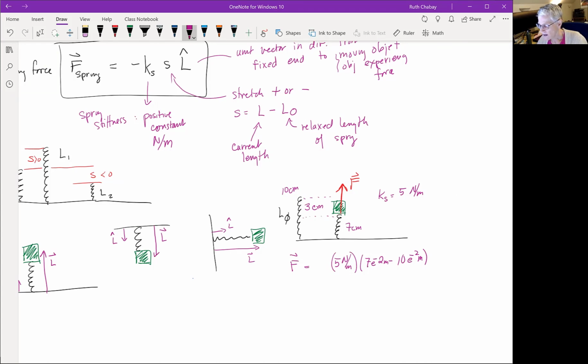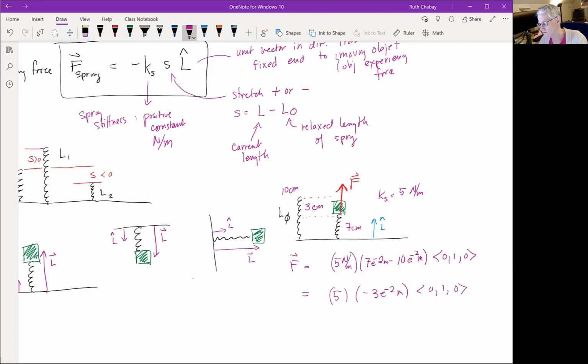And the vector L hat, by inspection, is pointing up, right? So L hat points up. We know what the unit vector pointing up is. It's just 0, 1, 0. And if we work this out, we're going to get 5 times a negative 3 times 10 to the minus 2 meters times 0, 1, 0.